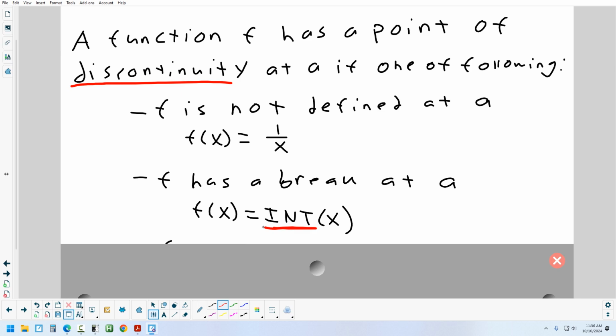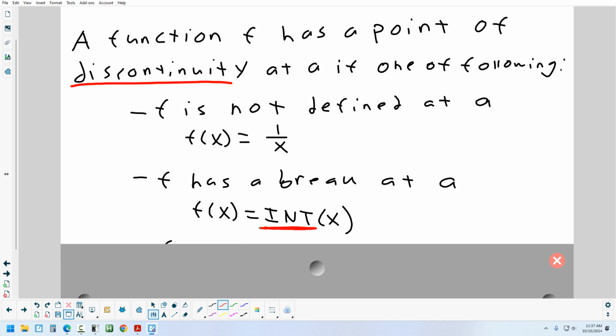So you could get an answer of 2, you could get an answer of 3, but you'd never get 2.6. That's impossible. So there's a jump in the range, because of how rounding works when you round to the nearest integer.